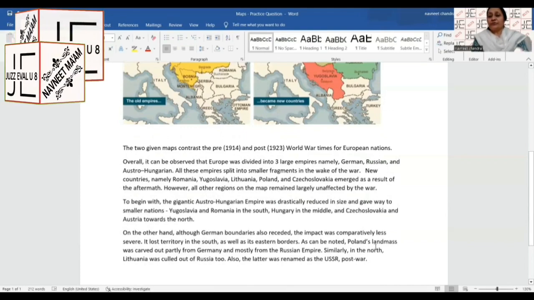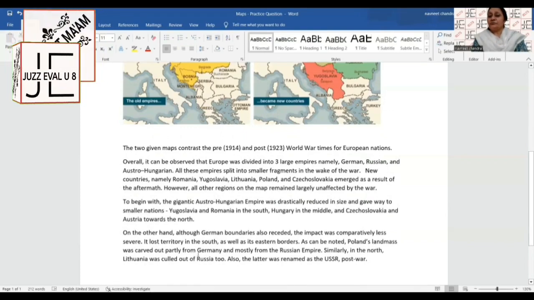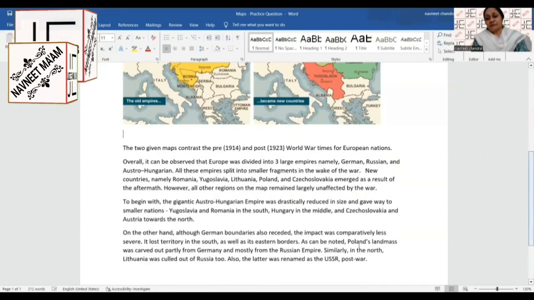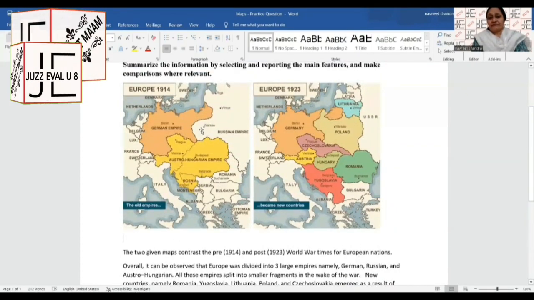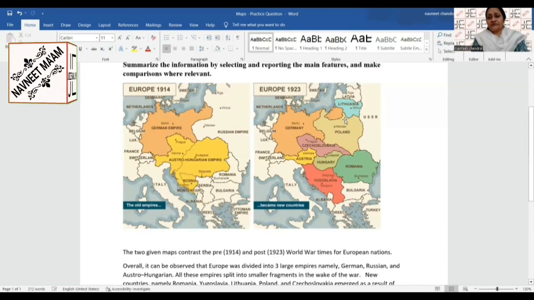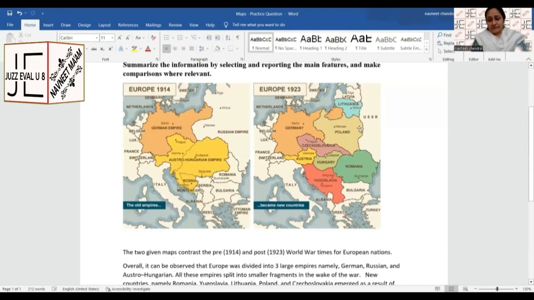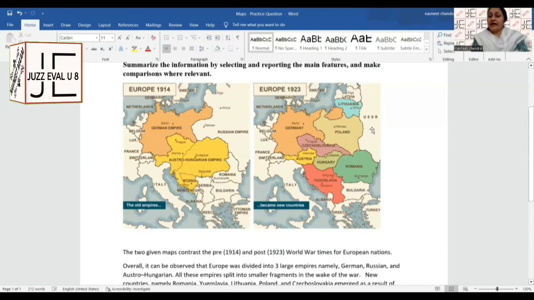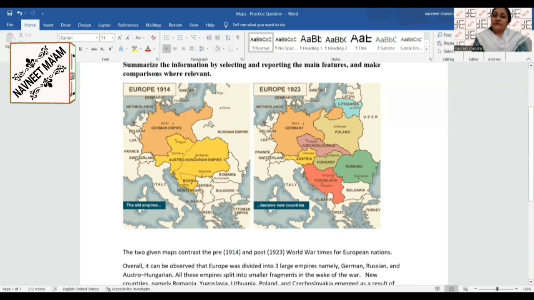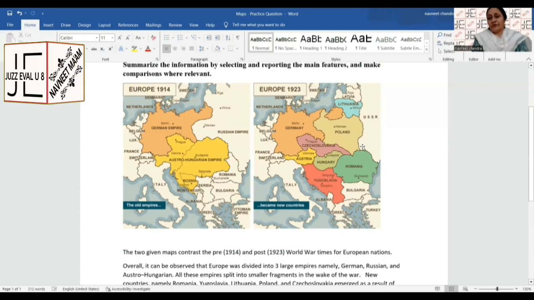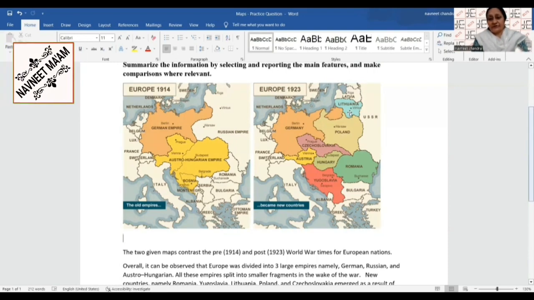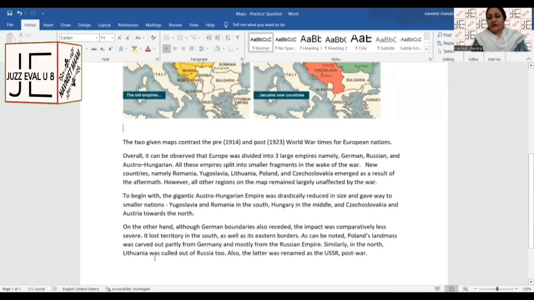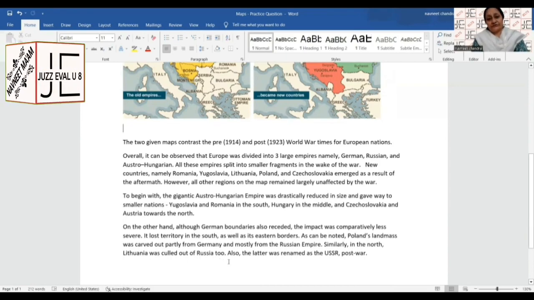As can be noted, Poland's landmass was carved out partly from Germany, but mostly from the Russian Empire. So a part of it was culled out from Germany, and mostly it is from the Russian Empire that Poland is formed, and a new country, Lithuania, has also come up here. Similarly, in the north, Lithuania was culled out of Russia too.